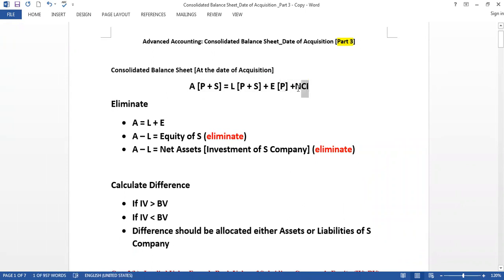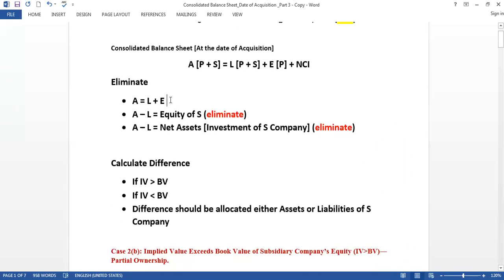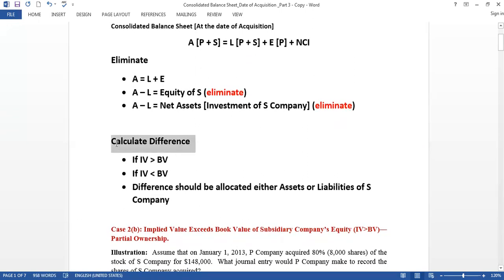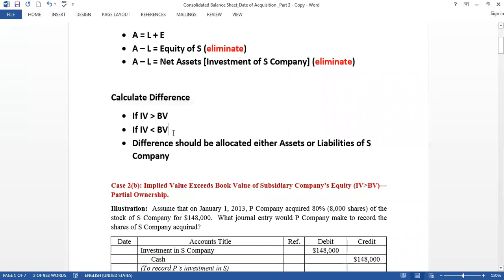And if we have any NCI, we have to add NCI under the equity. We have to eliminate the equity of the S company, and we have to eliminate the investment of the S company. And we have to calculate the difference.